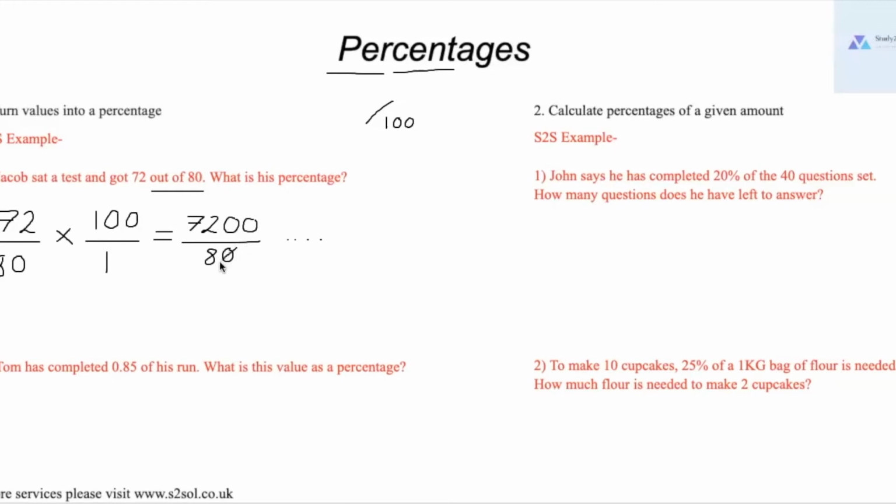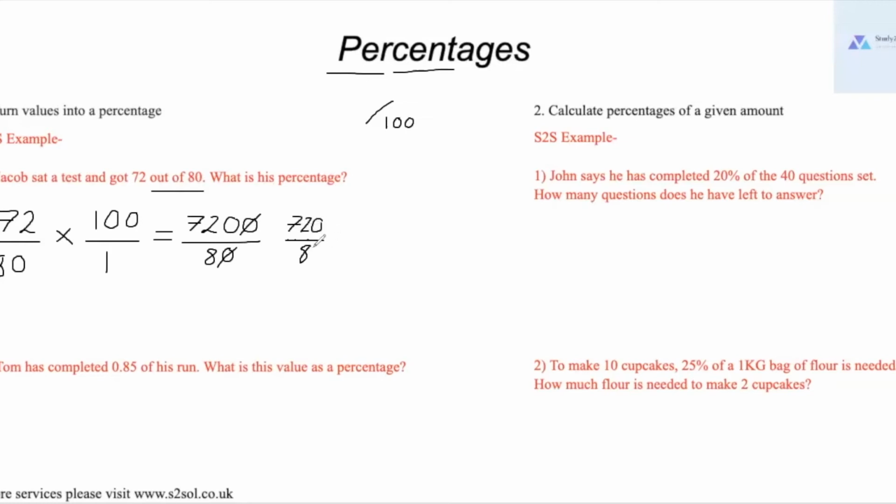So 80 can be divided by 10, so we remove 0, and so can 7,200. However, we cannot do that again because 10 cannot go into 8 now. So our new fraction is now 72 with a 0, so 720 over 8.